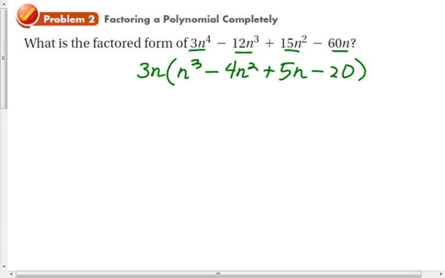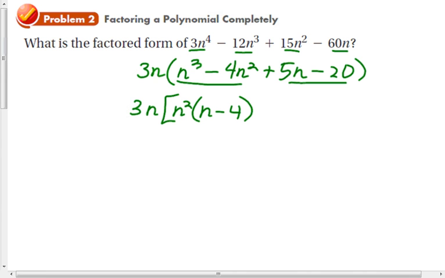Okay, now we're going to group these, trying grouping it this way and this way. And so we can factor out an n squared there, and we get n minus 4. And hopefully n minus 4 is also a factor of the second part. And it is if we factor out 5.